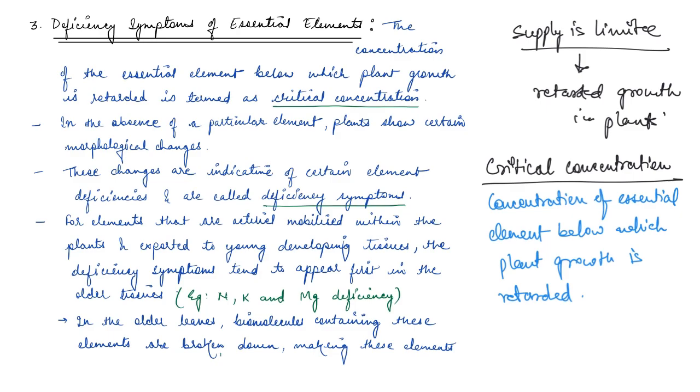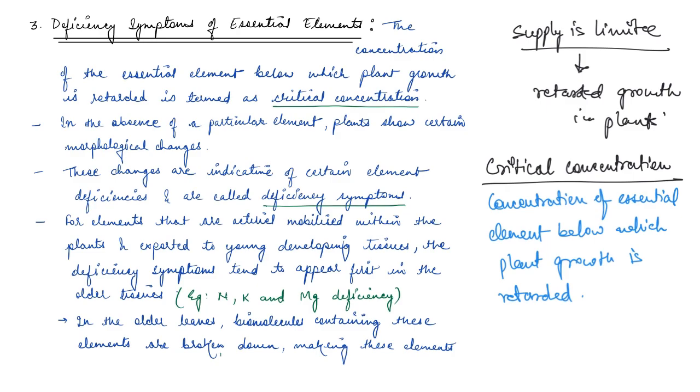So the deficiency symptoms tend to appear first in the older tissues, because when the element is in less quantity than required, the elements already present in the older tissues will start moving to the young developing tissues first to protect them. And that is why the deficiency symptom will first appear in the older tissues.